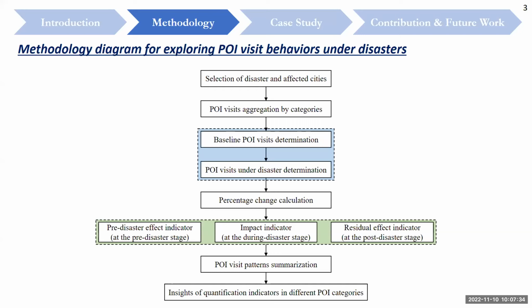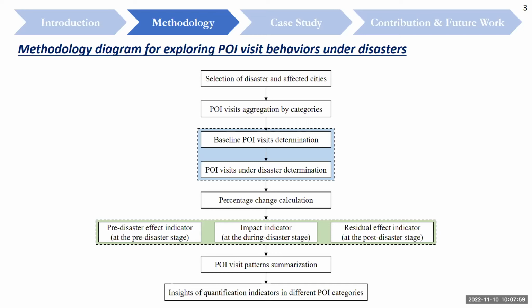And then after we select the disaster type and affected cities, we capture the POI visits by different categories. For example, we have construction, manufacturing, education, insurance, healthcare, etc., and aggregate the POI visits for specific geographic areas and specific categories.